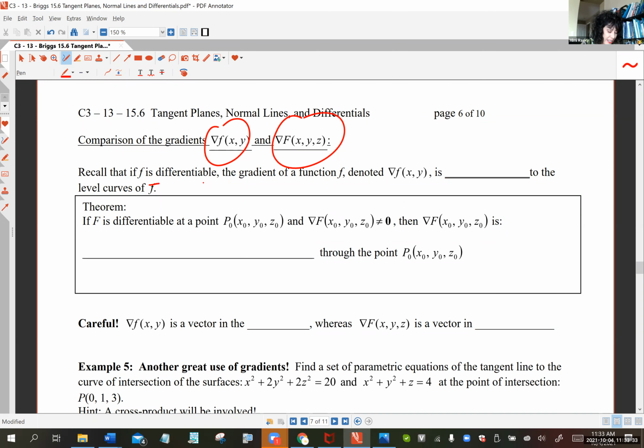So if little f is differentiable and you have the gradient of the function, little del F is orthogonal to the level curves of F. What about big F?